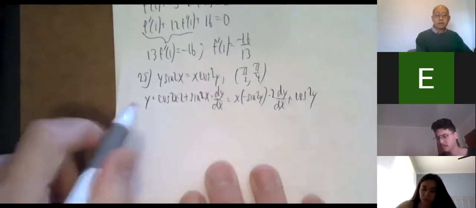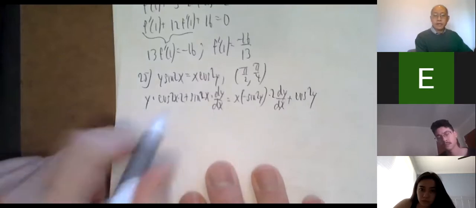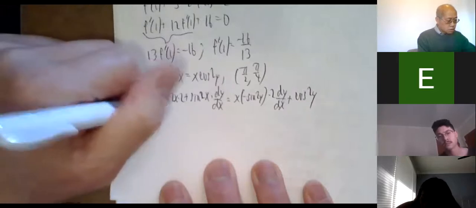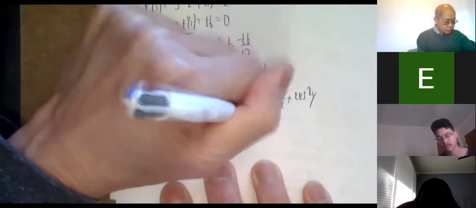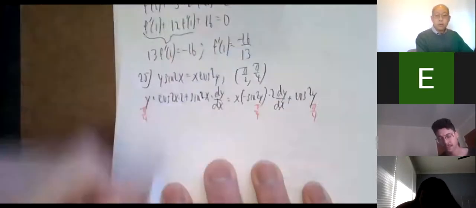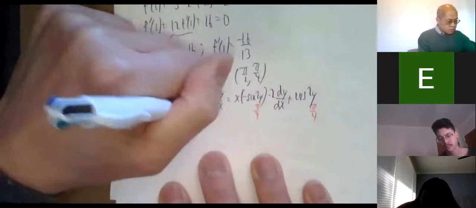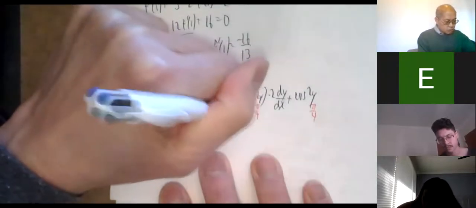Okay, now I'll plug in. All the y's get pi over 4, and all the x's get pi over 2.